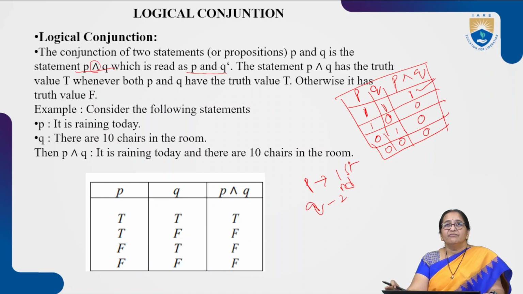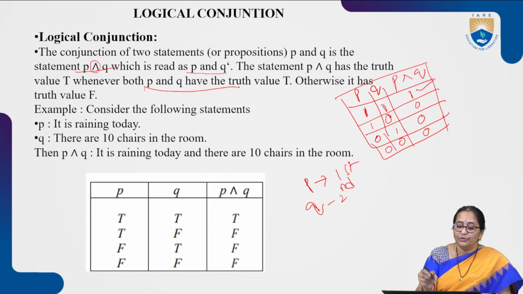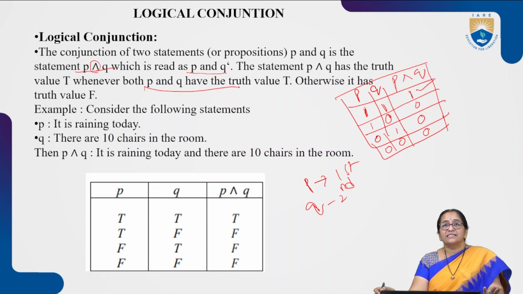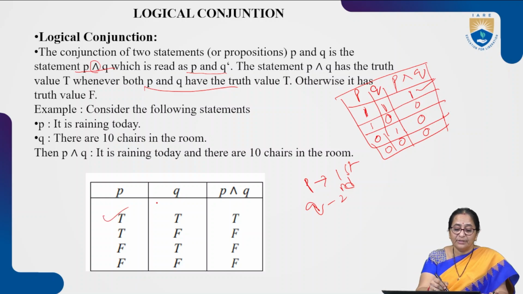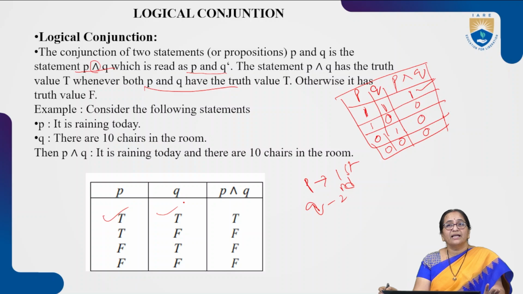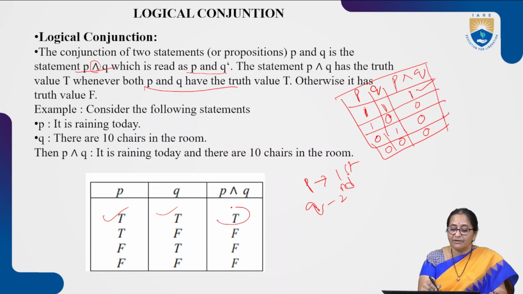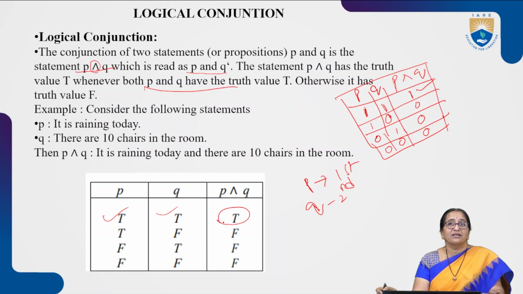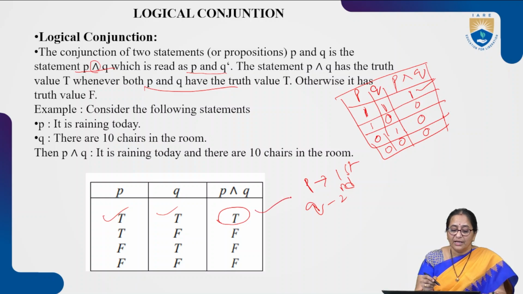The statement is true whenever both P and Q have the truth value T. In this table, only in that case, where both P and Q are T, the conjunction of P and Q is true. In all the remaining cases we have F. TF, the result is false. FT, the result is false. FF, the result is false.